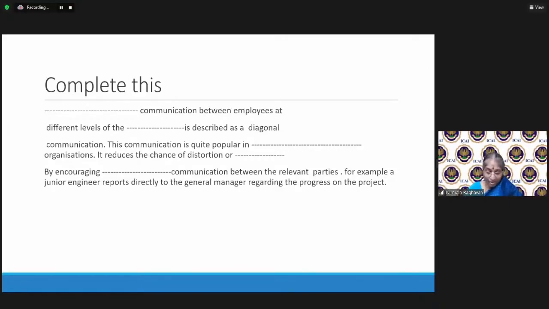This is diagonal communication, and I give you 2 minutes. No, only the diagonal is preferred by most companies.